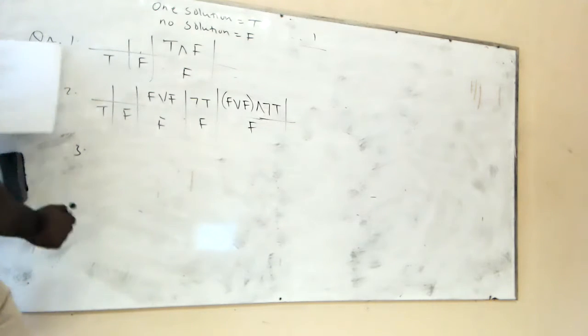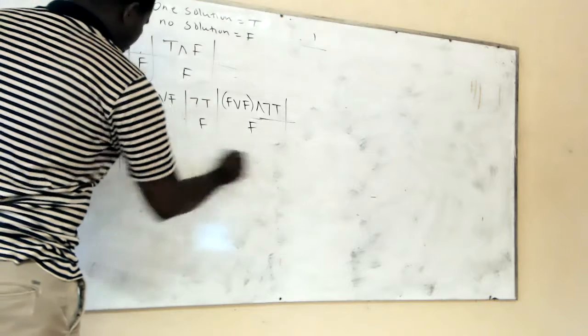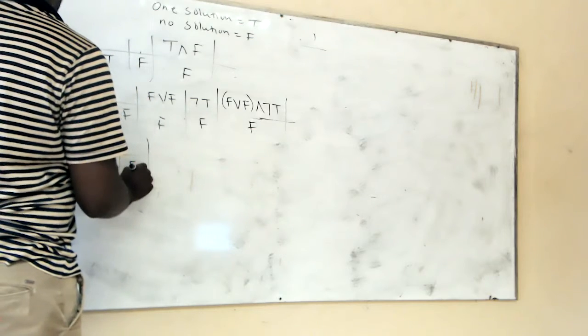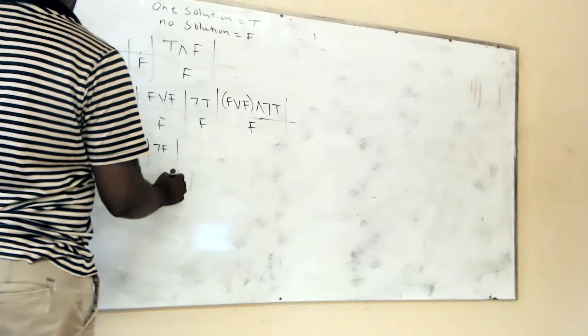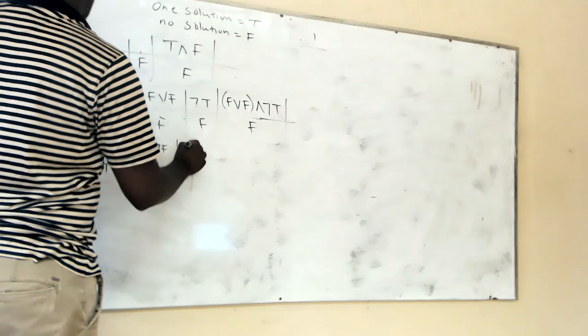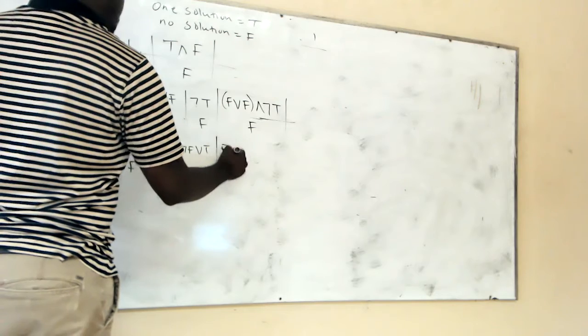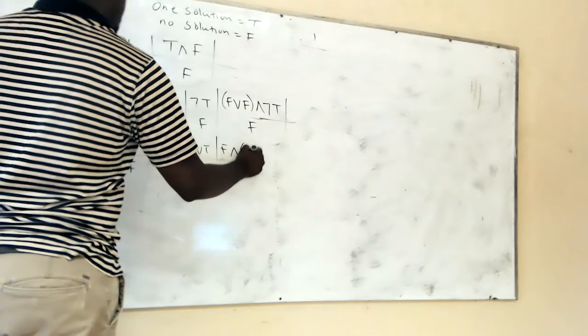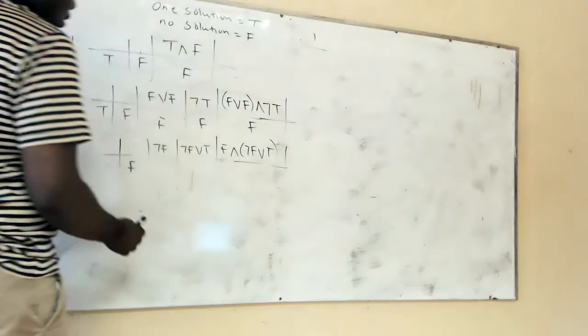Remember, we're investigating the option we're supposed to choose. So we have true, and then false, and here we have not false, and then from there not false or true, and then from there false and not false or true. Okay, let's investigate this.